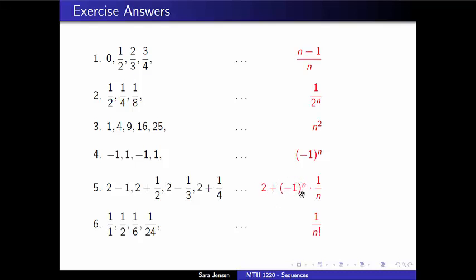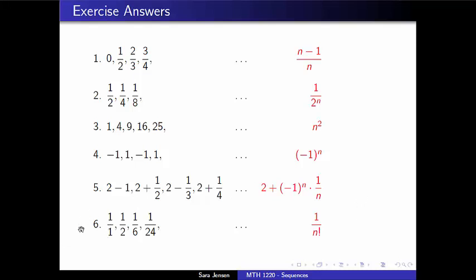That's what this part will change into. And then on the first term, I'm subtracting 1. On the second term, I'm adding a half. On the third term, a third. The fourth term, a fourth. That's easily represented with a 1 over n. And so breaking up a more complicated sequence into little parts is another really good practical technique.